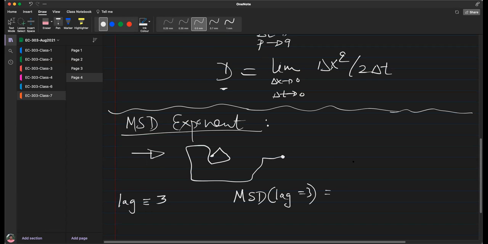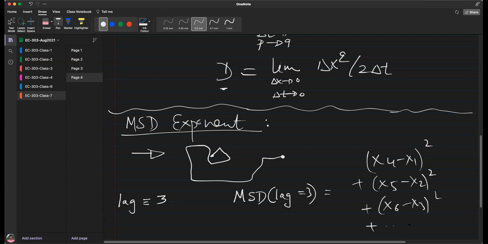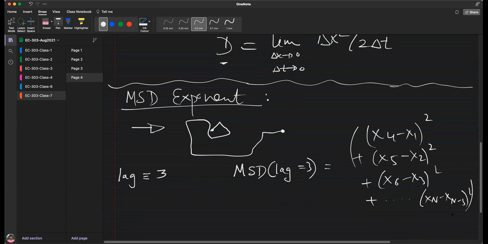What I do is I take x4 minus x1, whole square, and then I take x5 minus x2 whole square, and then x6 minus x3 whole square, and I take all such things up to xn minus 3 whole square, and then I divide by the number of such instances. Is that fine? That's what I do. Sorry, really horrible writing. This is what I am doing.